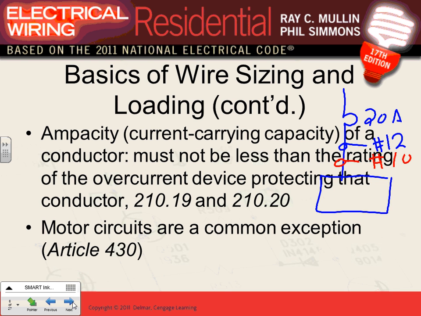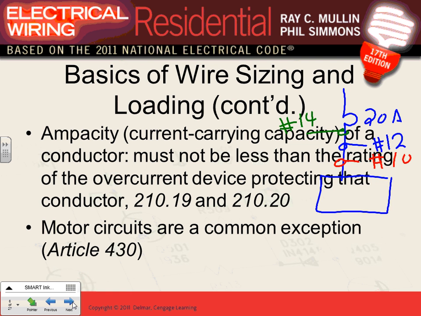Now my last example for you: can I put number 14 here? Why not? Because the code says the number 14 conductor is not rated for 20 amps. Number 14 falls under the small conductor rule, and I want to walk you through it. Number 14 cannot be protected by more than 15 amps.